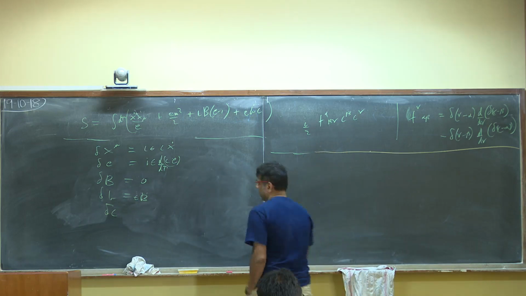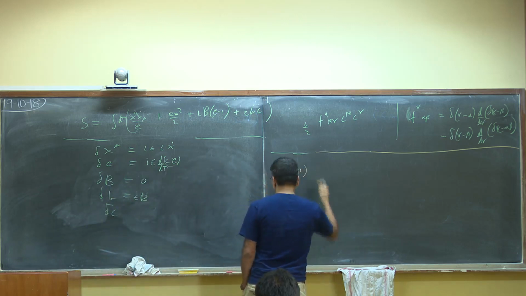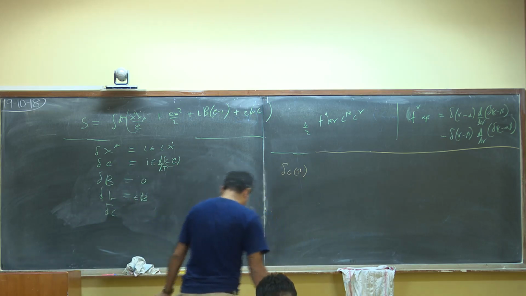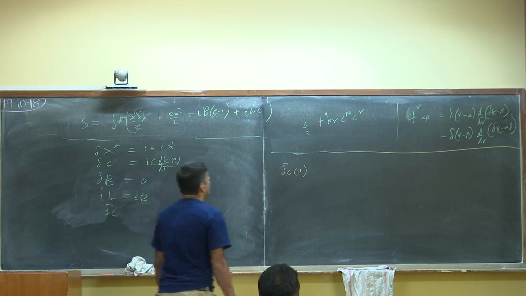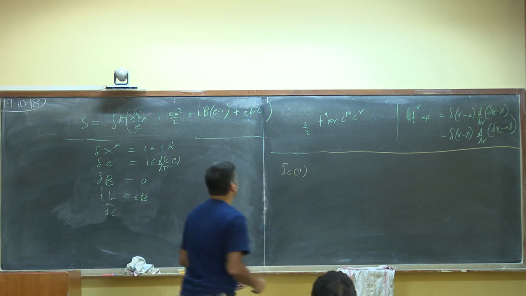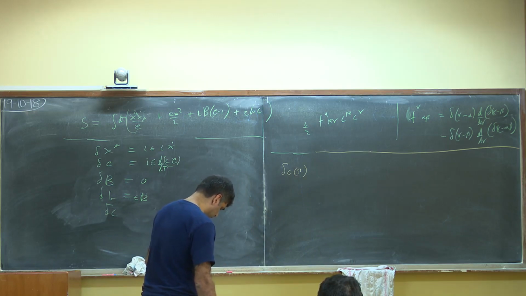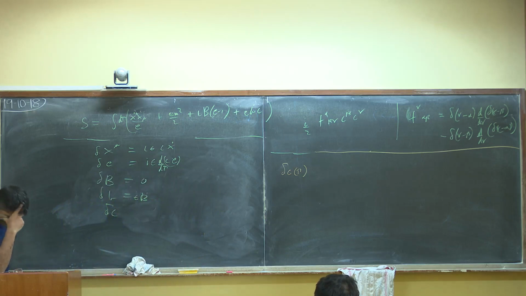So we have delta c of tau. c in general was labeled by, there were as many c's as there were infinitesimal gauge transformations.